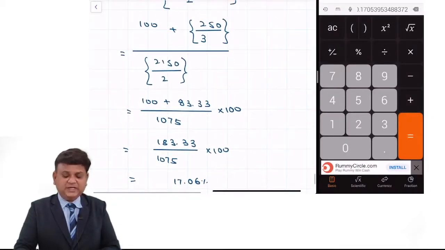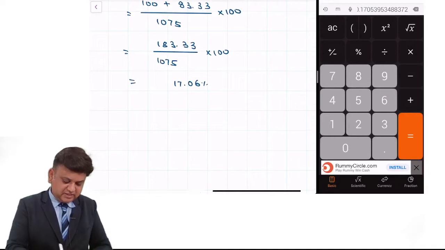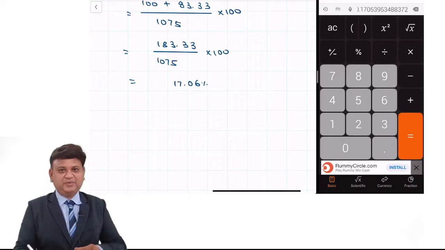Now we understand that the actual return is 17.06%. It is less than the required rate of return of 25%. So security should not be purchased.